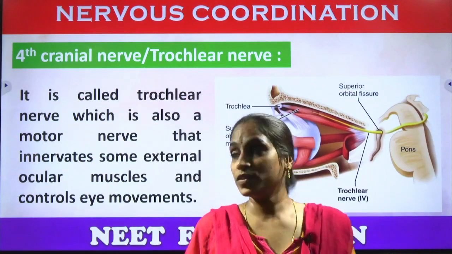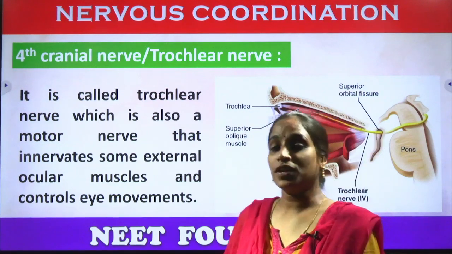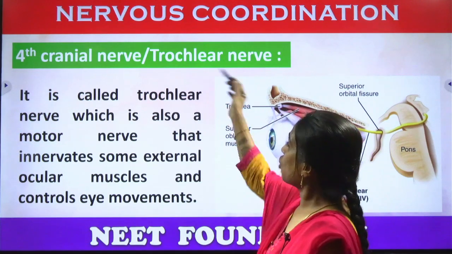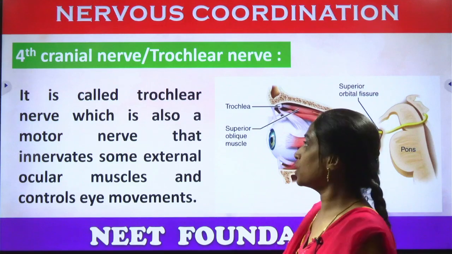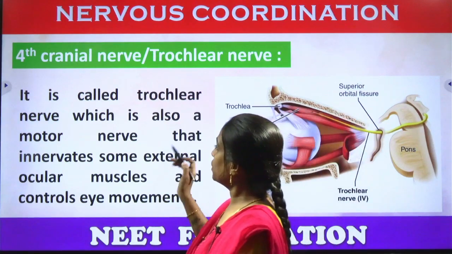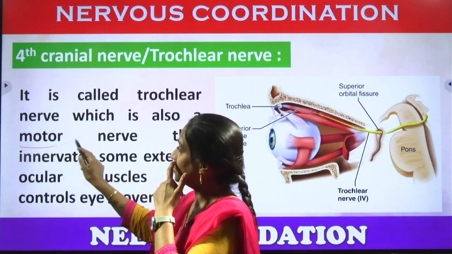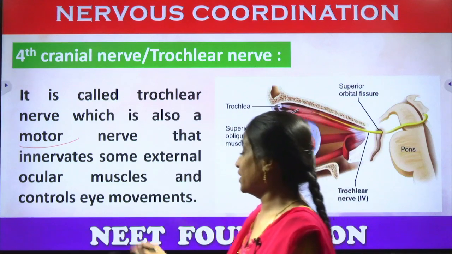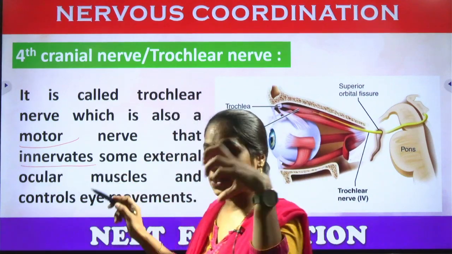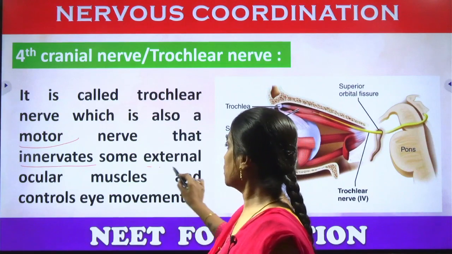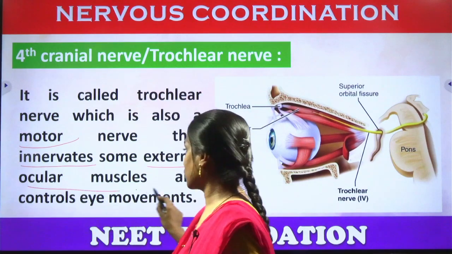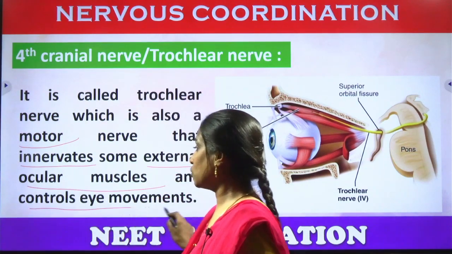Next one is the fourth pair of cranial nerves called the trochlear nerves. This is also related to the eyes. It is a trochlear nerve and purely a motor nerve which innervates, deeply seated into the external ocular muscles, and controls the movement of the eyes.